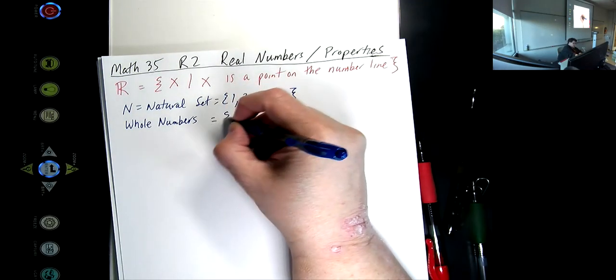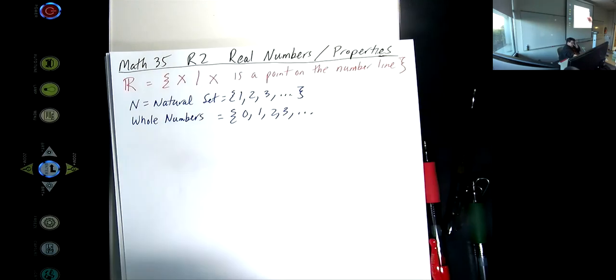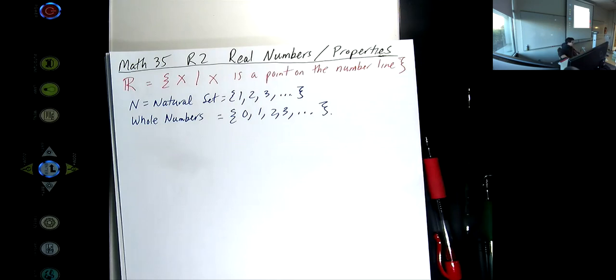Whole numbers have 0 in them, and other than that, they look just like N. I don't know what letter they use for whole. W maybe? Who cares?